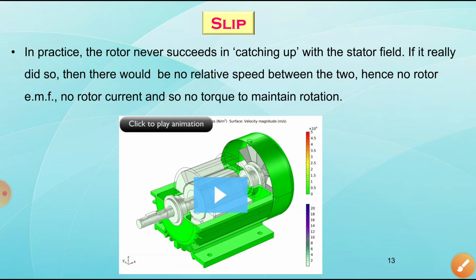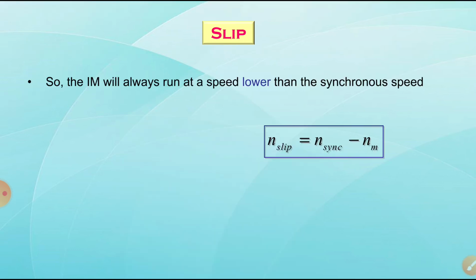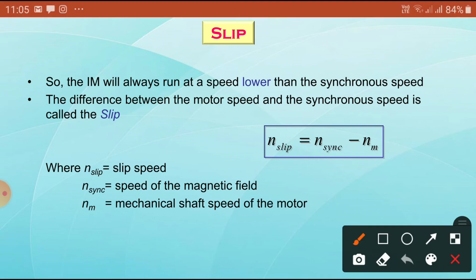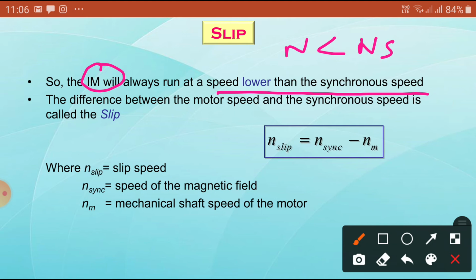Okay. Now here you can see what we have already seen. The induction motor will always run at a speed lower than the synchronous speed. So the rotor speed n is always less than ns. The difference between the synchronous speed, that is ns, and the motor speed, that is the rotor speed, is called the slip.